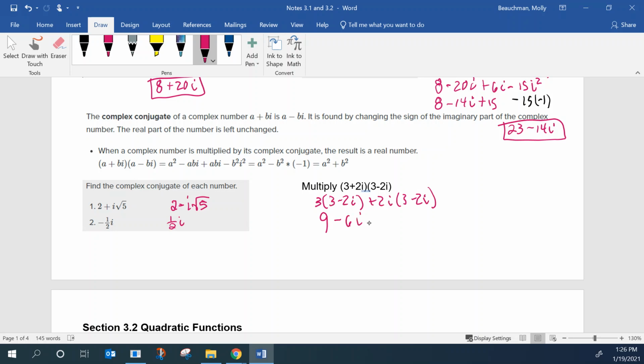Distribute here, I get plus 6i minus 4i squared. Notice the 6i and negative 6i cancel each other out. And I'm going to take that 9 minus 4i squared and substitute negative 1 for i squared. So I end up with 9 plus 4, which is 13. So when you multiply a complex number times its conjugate, the imaginary part cancels out and you end up with a real number.